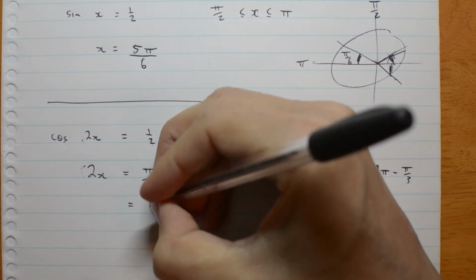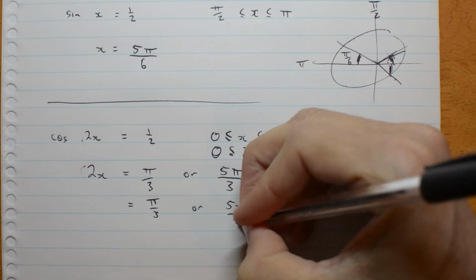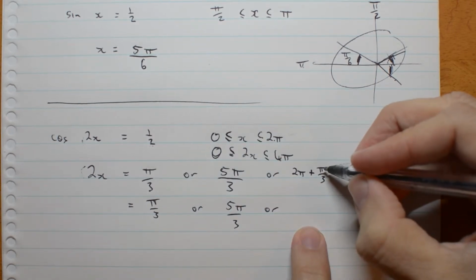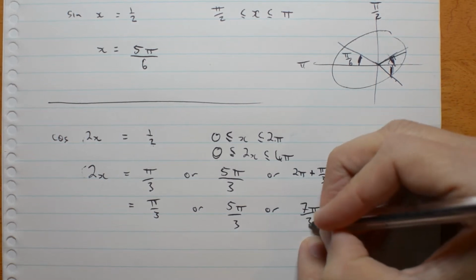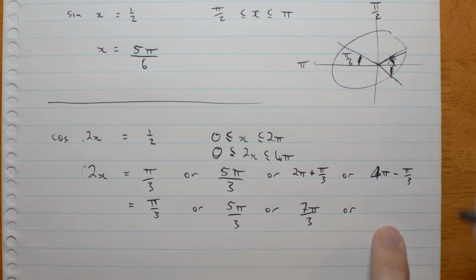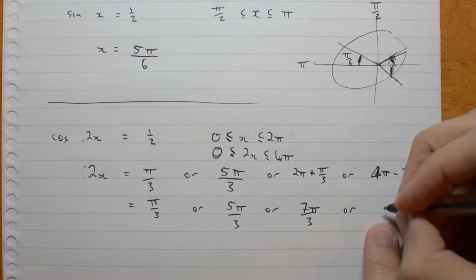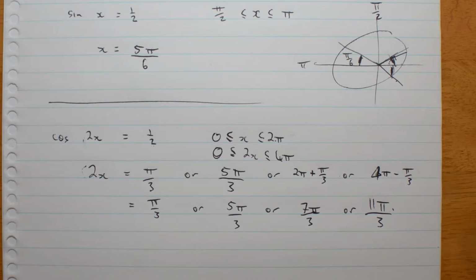So that's pi on 3, or 5 pi on 3, or 7 pi on 3, or 11 pi on 3.